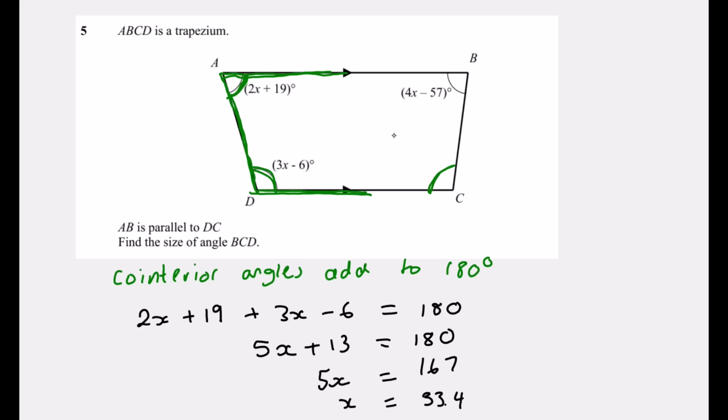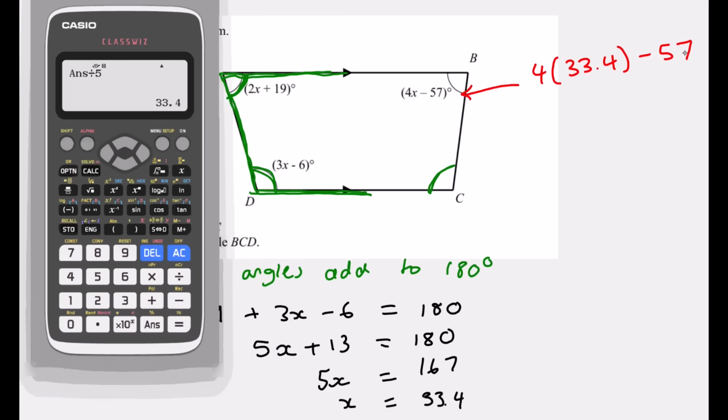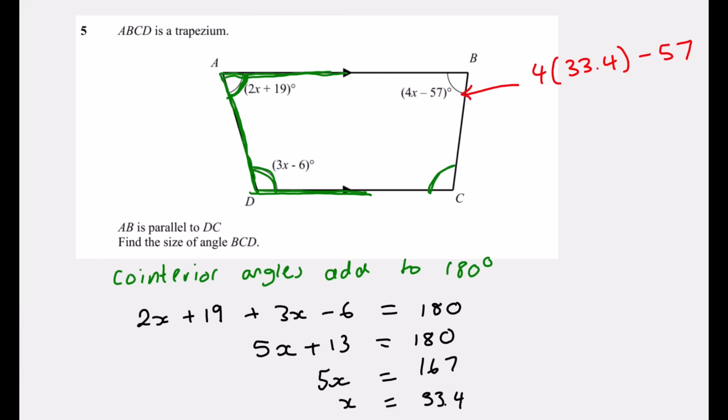That means we can find all of these angles if we want to now. But I'm just going to find this angle here. So 4 times 33.4, take away 57, which is 76.6. So this angle is 76.6. And again, we have co-interior angles.